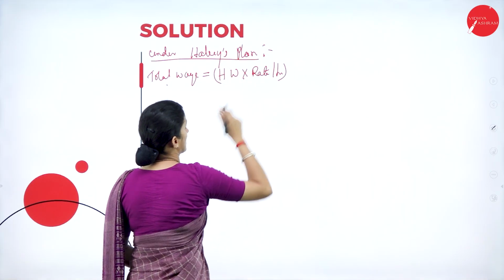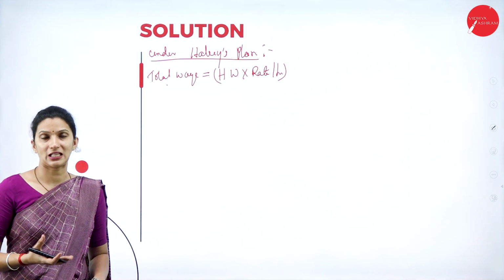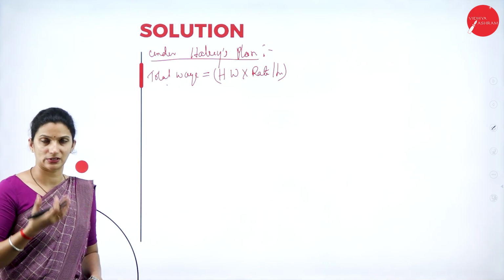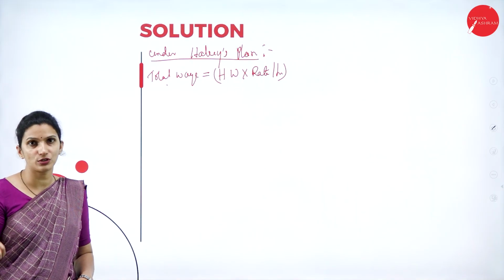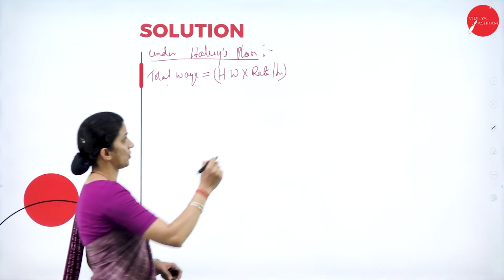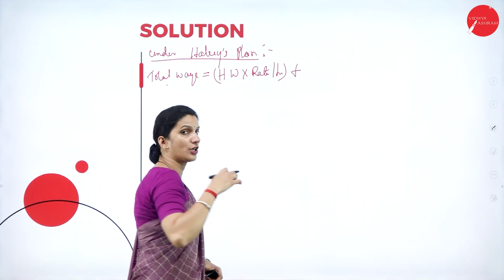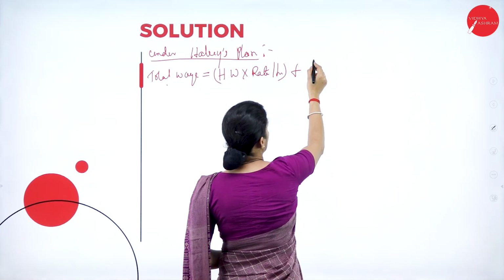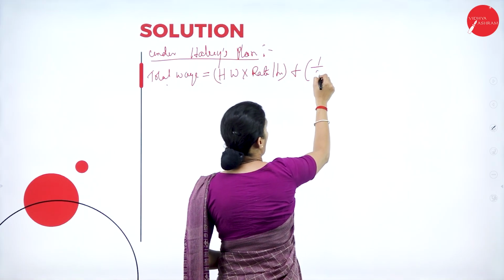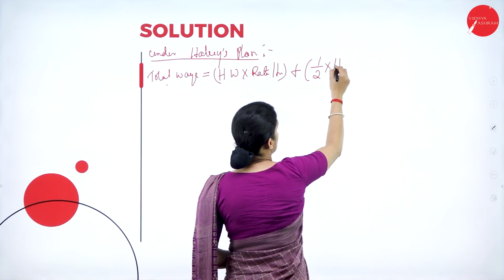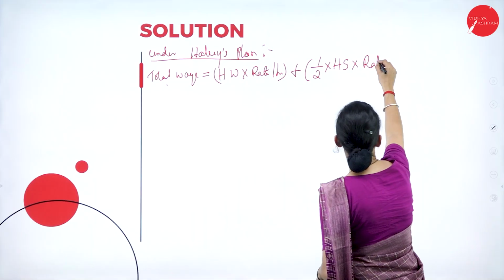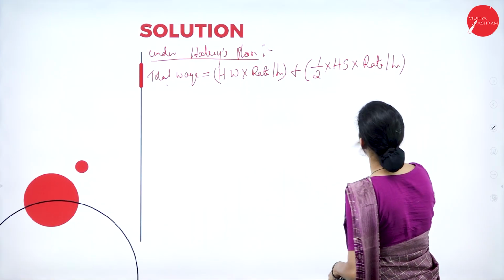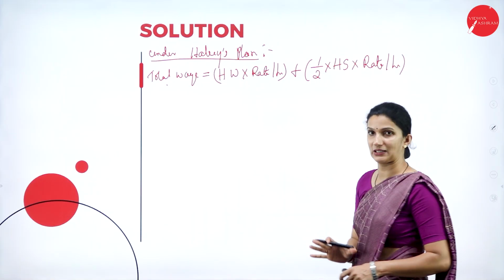So this is the first section, the basic wage calculation. What is the exact hours you worked? That is hours worked into rate per hour. Plus, he will get the bonus on the time saved, so plus the bonus calculation, that is half of hours saved into rate per hour. So this is the bonus part calculation.